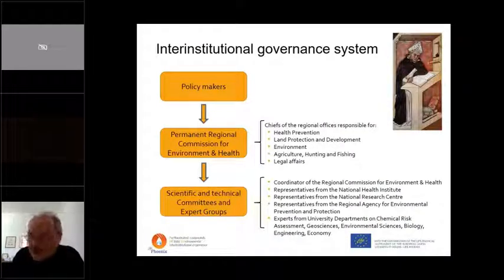A fundamental condition for the model implementation is the establishment of an effective governance chain, where the roles and competencies of the different actors must be clearly defined.